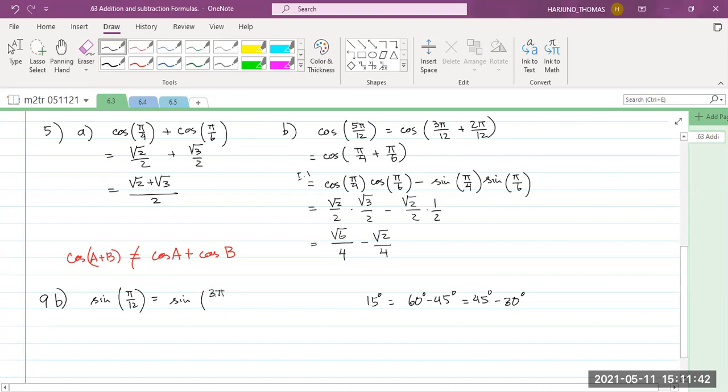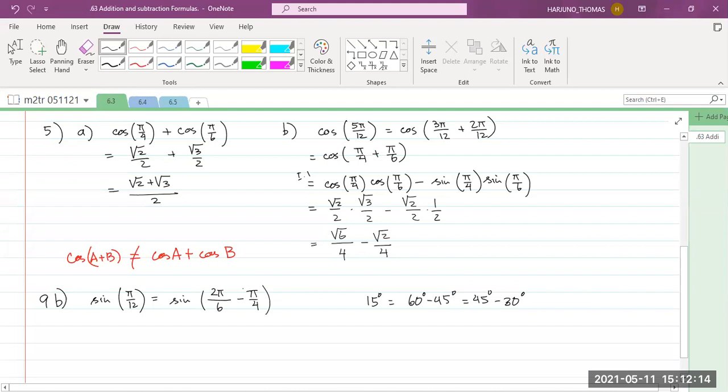So basically, what do I want to use? Pi over 6 then. 2 pi over 6 minus pi over 4.